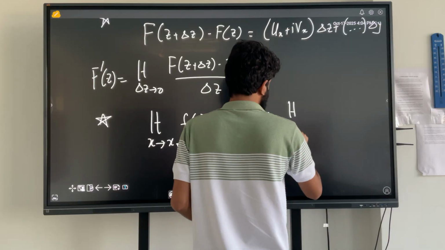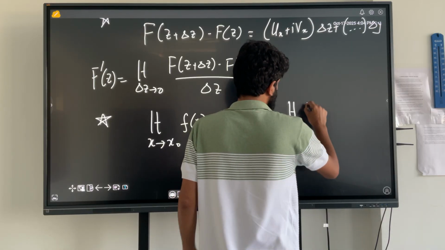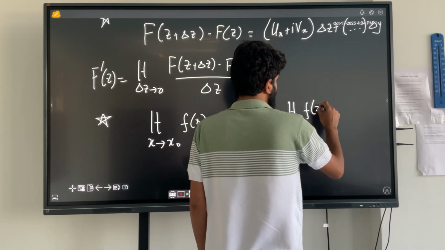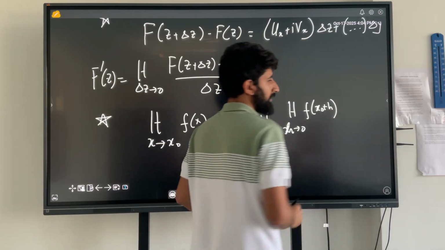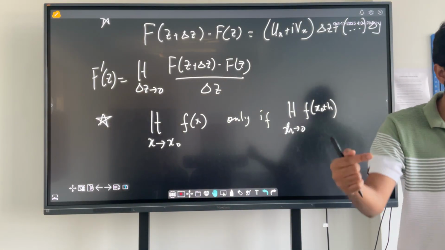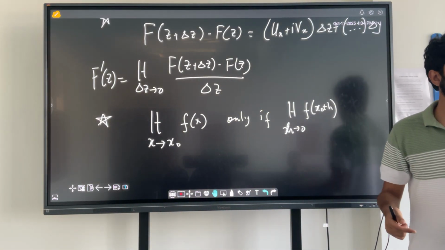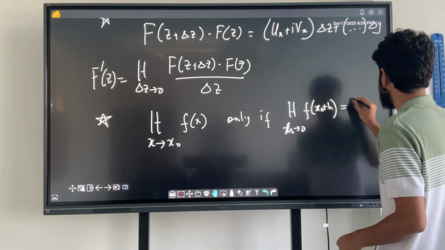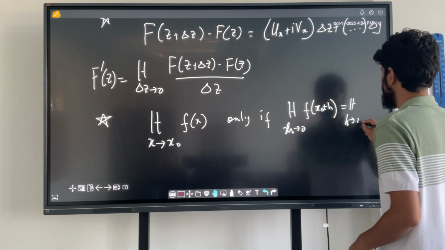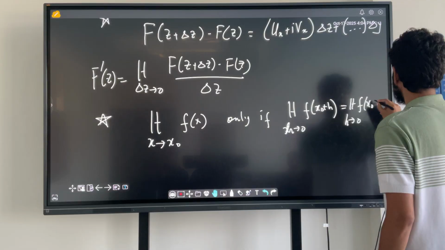limit as h approaches 0, you take f of x naught plus a small number h and then take h to 0. This should be the same as the limit as h tends to 0 of f of x naught minus h.